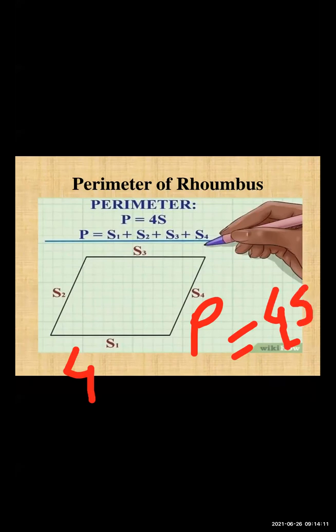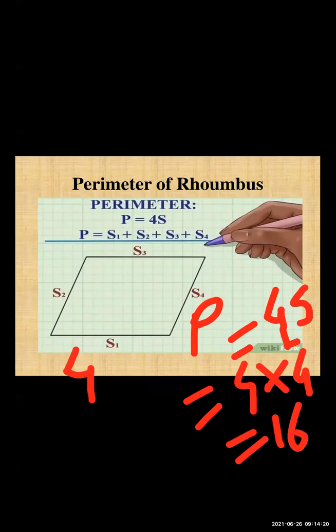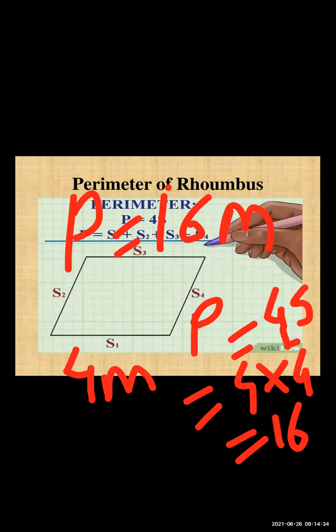So what we will get? 4 into 4. 4 fours are how much? It is 16. And if we are taking 4 meters, then your unit will become, perimeter P is equal to 16 meter square. Like this, your unit will be P is equal to 16 meter square.